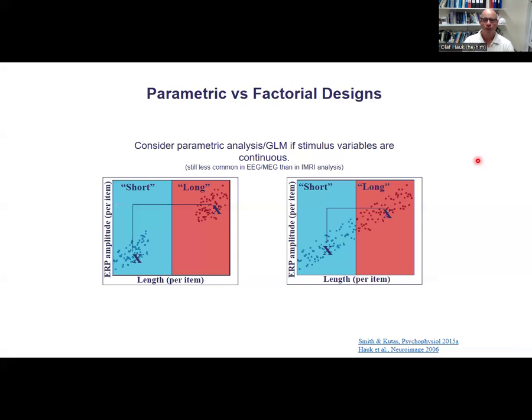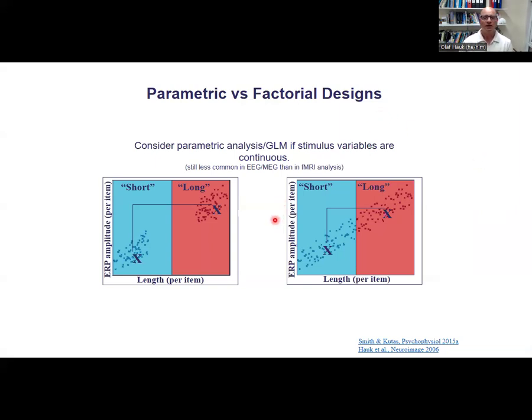But now I want to briefly talk about alternatives to this kind of factorial averaging, where you average condition A, condition B, and then you subtract. With behavioral data, I think everybody will be familiar with regression analysis, where you look at continuous variables, let's say the length of a word or the number of pixels in an image or some valence and arousal in some natural pictures.